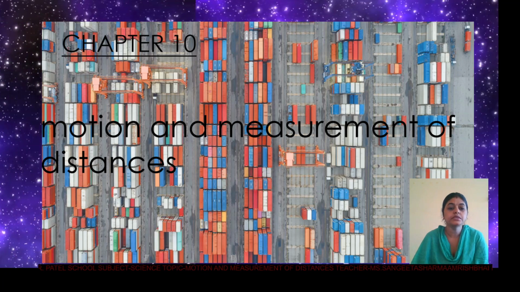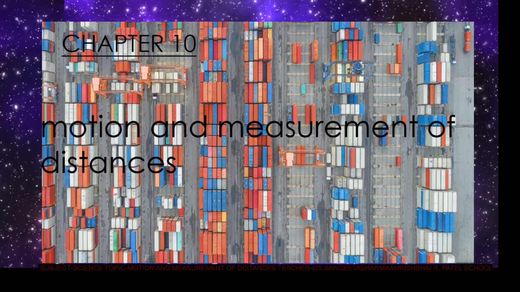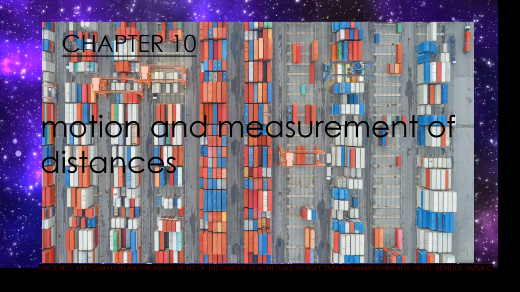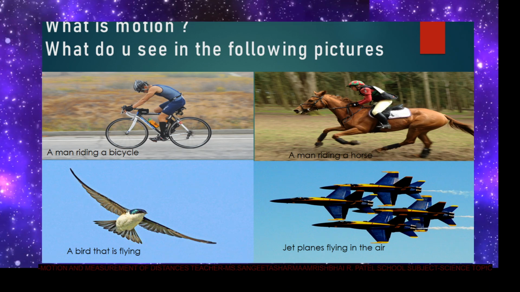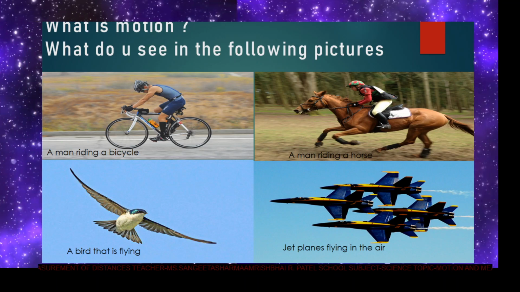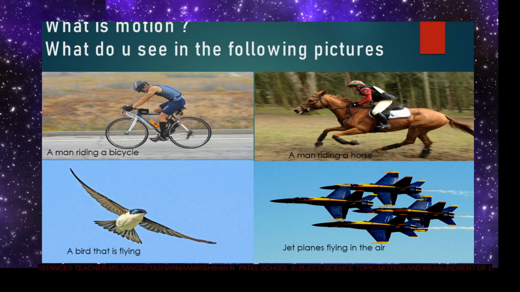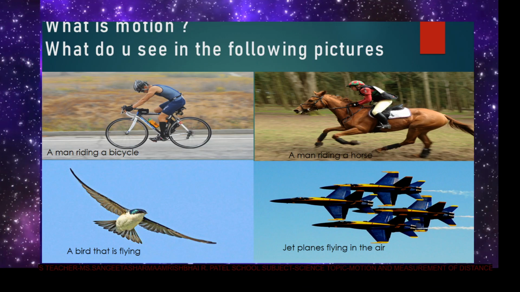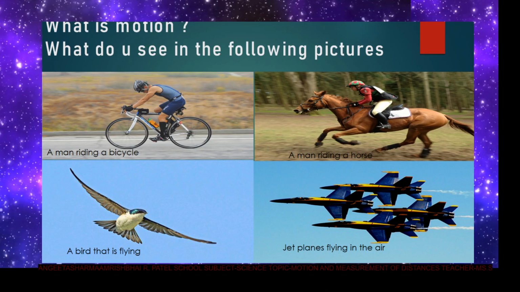Now, students, we know what motion is. In everyday life, you see different things, some which are moving and some which are at rest. So first of all, we should know these two terms: motion and rest. First, we will discuss motion.